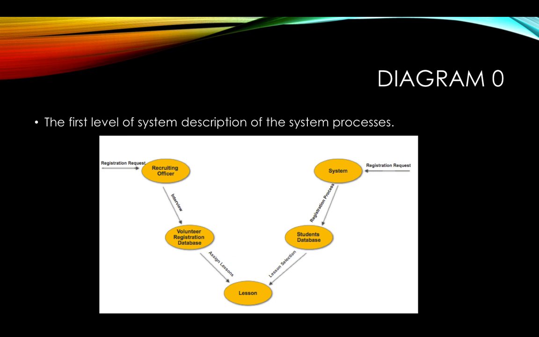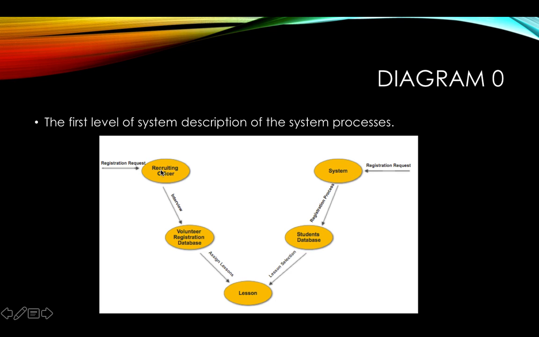Now onto the diagram 0. This is the first level of system description of the system processes. So when a volunteer sends in a registration request, they go through a recruiting officer and also their business system.